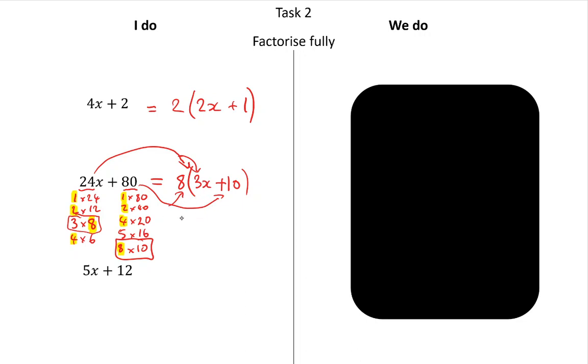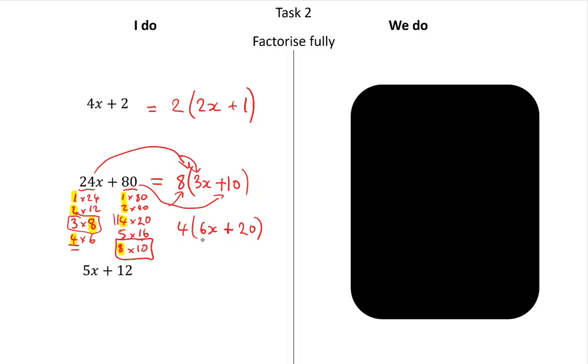What if I didn't realize it was 8? What if I thought it was 4? What if I didn't realize that 8 was a common factor, and instead I just saw that we had the 4? Let's see what would happen then. If we took 4 out as a factor, how many 4s are there in 24? It's 6, so that would be 6x plus how many 4s in 80? Well, how many 4s are in 80 is 20. So we would have got that. That's factorized, but it's not fully factorized.